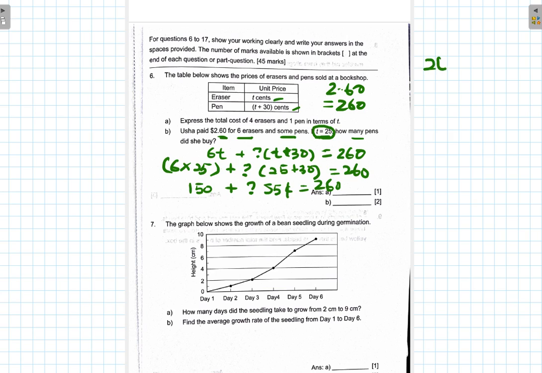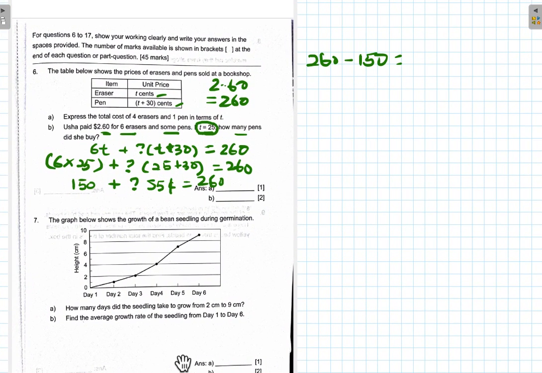When 260 minus 150 equals to this one question mark, right? 55 cents. This is the number of the pen. So you want to know the number of the pen. This will be 110 divided by 55. So when you do this one, you know that there is 2 pens.